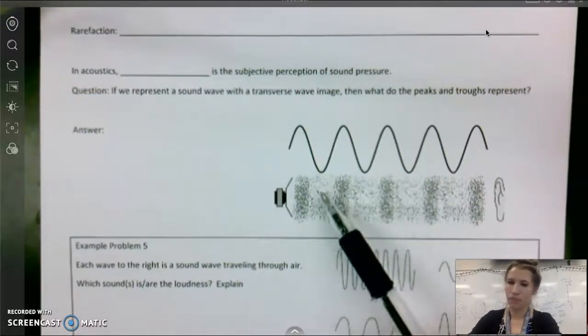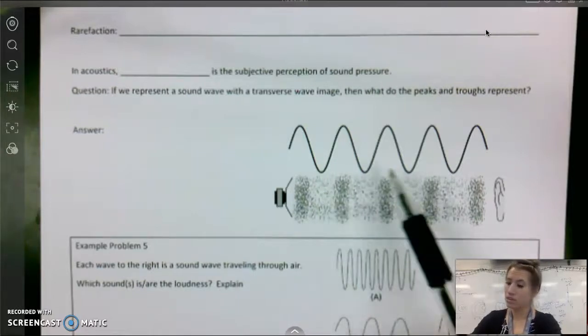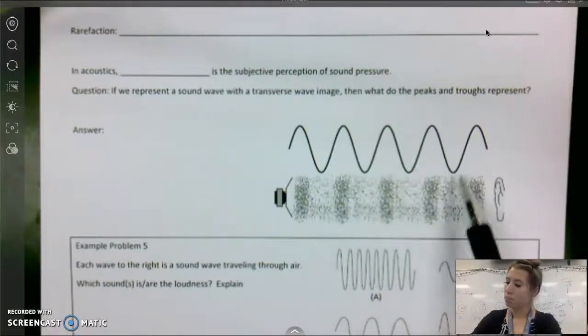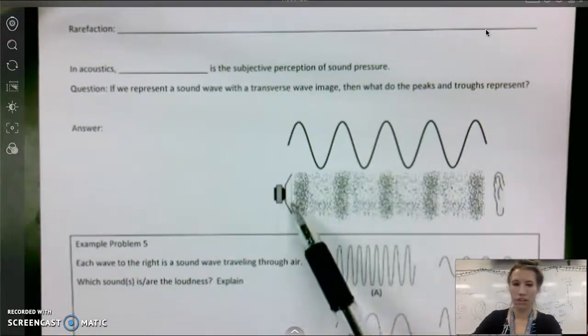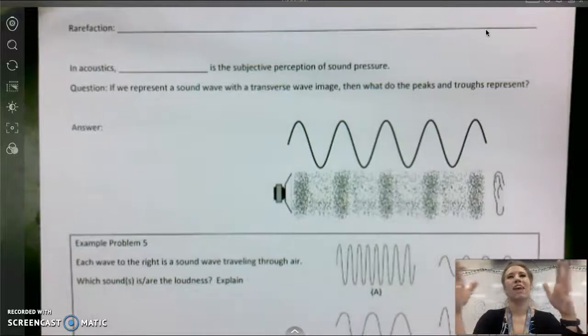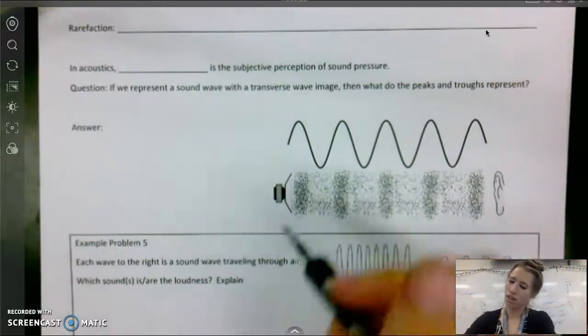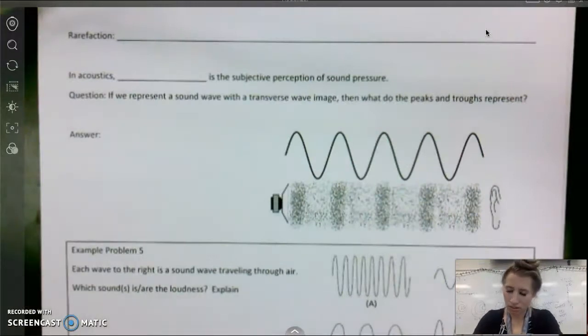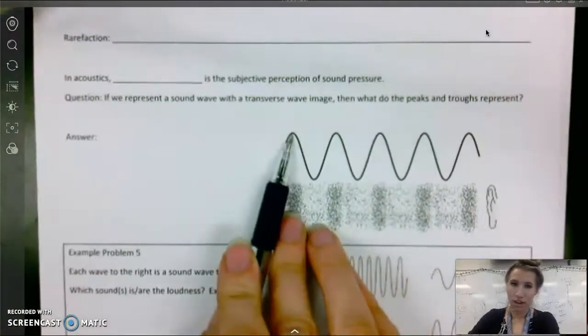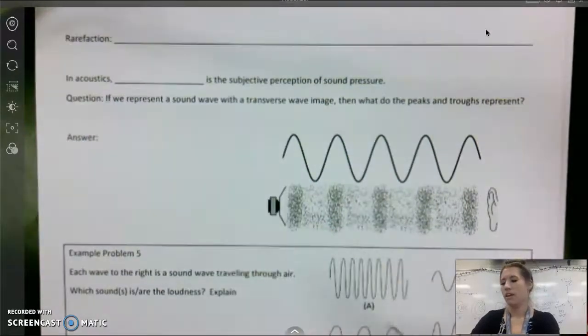The troughs are lining up with our rarefactions, and our peaks are lining up with our compressions. So the higher the compression of these air particles, the higher the amplitude. And that's what I want us to keep in mind.